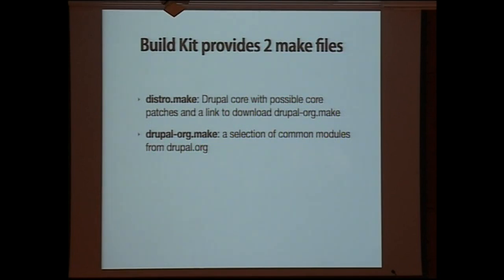Then it gets parsed. The second Makefile gets retrieved and parsed in turn. And you get a selection of common modules from Drupal.org. So you really get started fast. You have a zero startup time for the usual project setup that is downloading Drupal, downloading the modules you will always need. Here you see the two Makefiles.